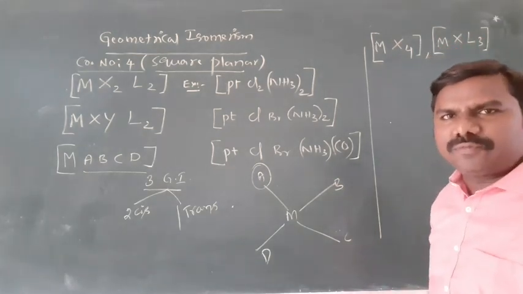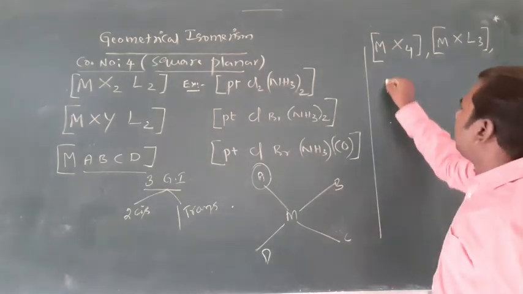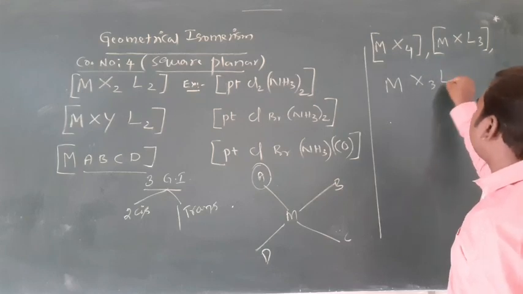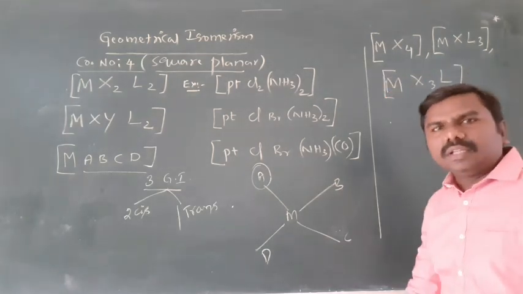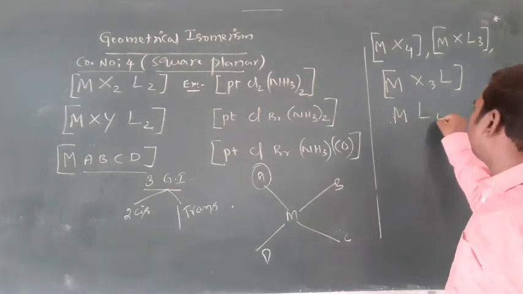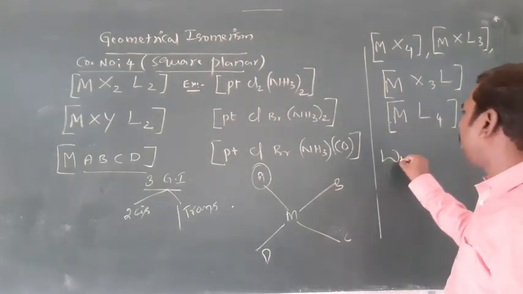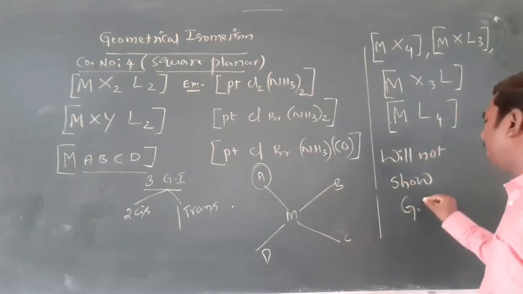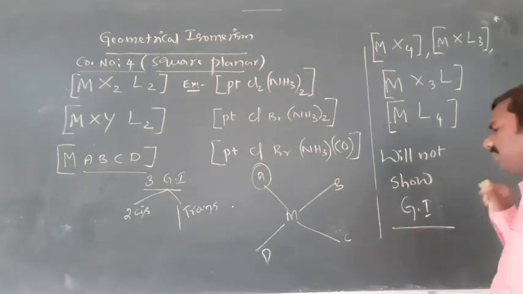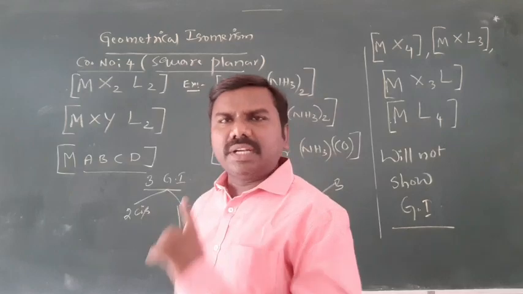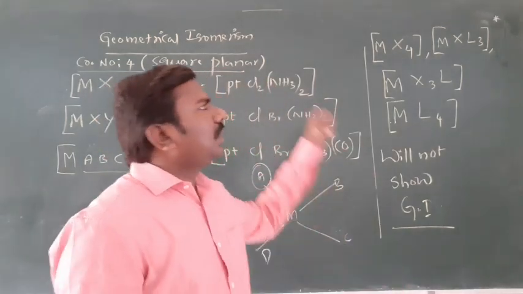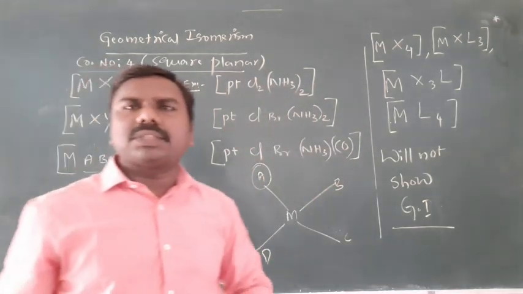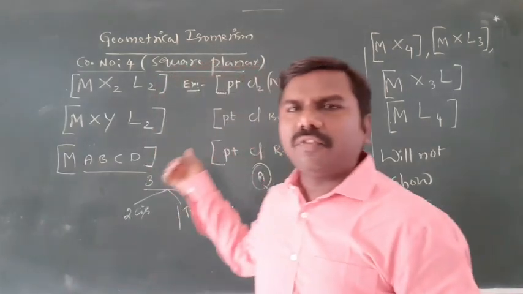Next, M X3 L. Next, M L4 will not show geometrical isomerism. Square planar complexes never show optical isomerism. These are coordination number 4 square planar complexes and their formulas.